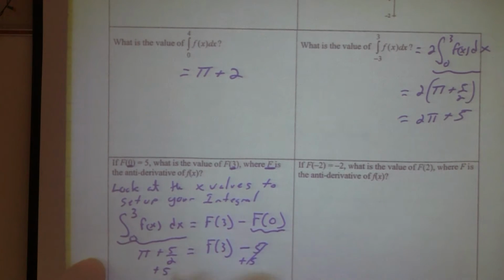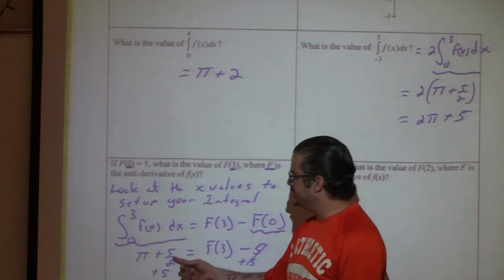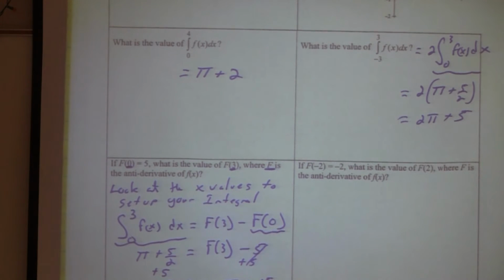Add the 5, so that means that f of 3 is actually equal to pi plus 15 over 2. Could we have also put 7.5? Yeah, could have thought of this as a decimal, 2.5 plus 5, 7.5. Beautiful? See if you could try the next one.